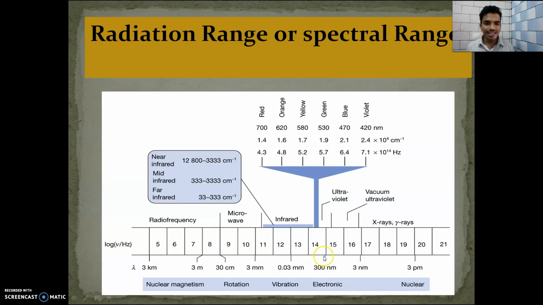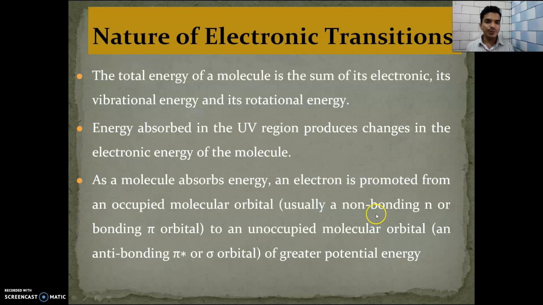This is the energy taken into consideration when interacting with matter: vibrational and electronic energy, between ultraviolet and infrared. So this is the electronic transition which takes place when UV visible radiation interacts with matter, producing vibrational and rotational energy changes with respect to that.